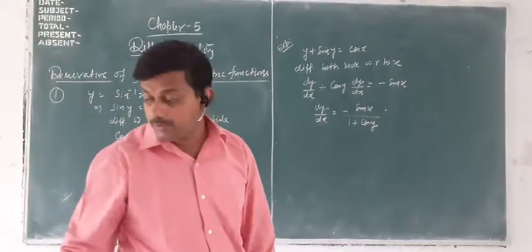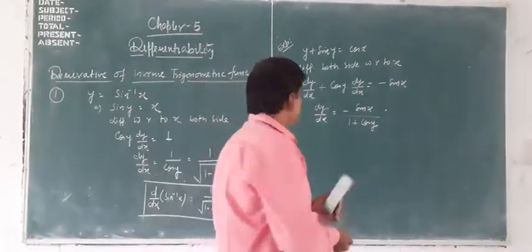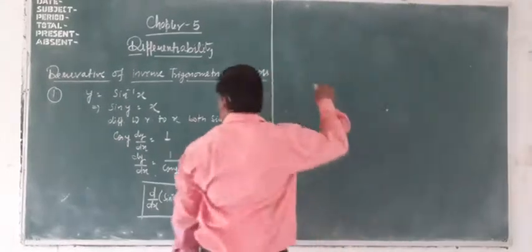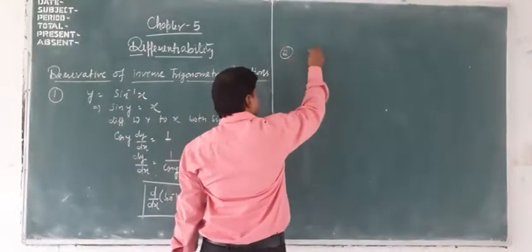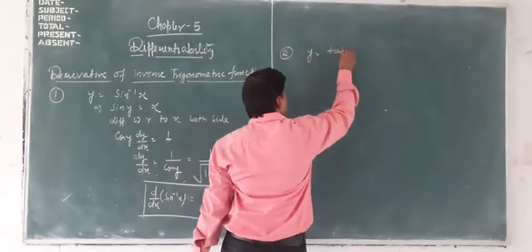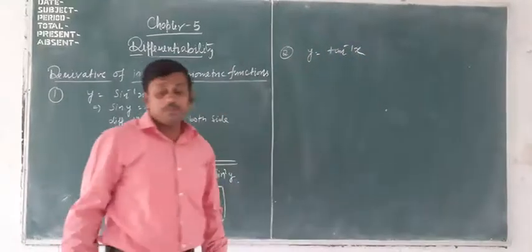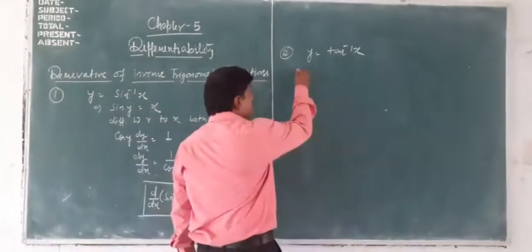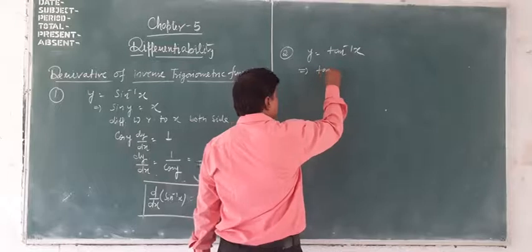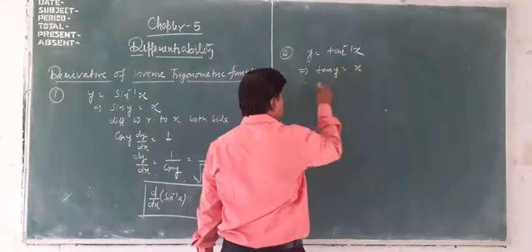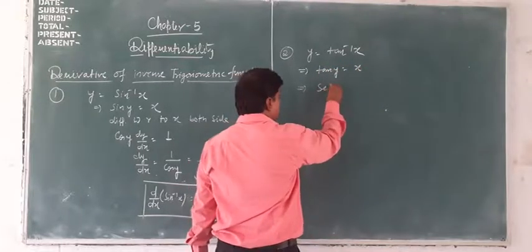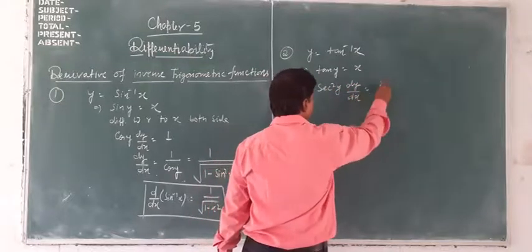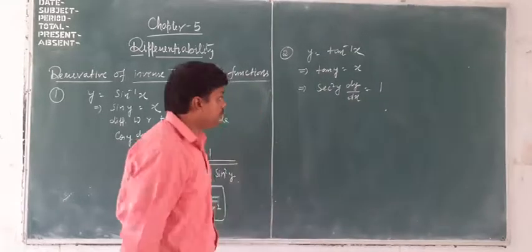Similarly, we can find the derivative of cos inverse and tan inverse. So we shall discuss how to find the derivative of tan inverse. The second one is y equal to tan inverse x. By using the property of inverse trigonometric functions, this can be written as tan y equal to x, and its derivative is sec square y times dy by dx, and the derivative of x is 1.